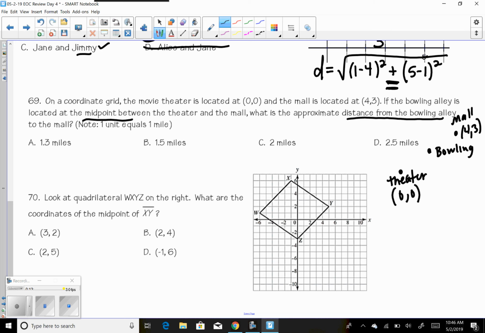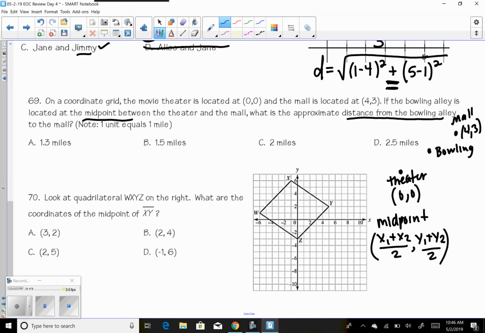You have a couple options here, but the easiest thing is to find the coordinates of the bowling alley. The bowling alley is halfway, right? So I'm going to find the midpoint first. Remember, that's x1 plus x2 divided by 2, y1 plus y2 divided by 2.